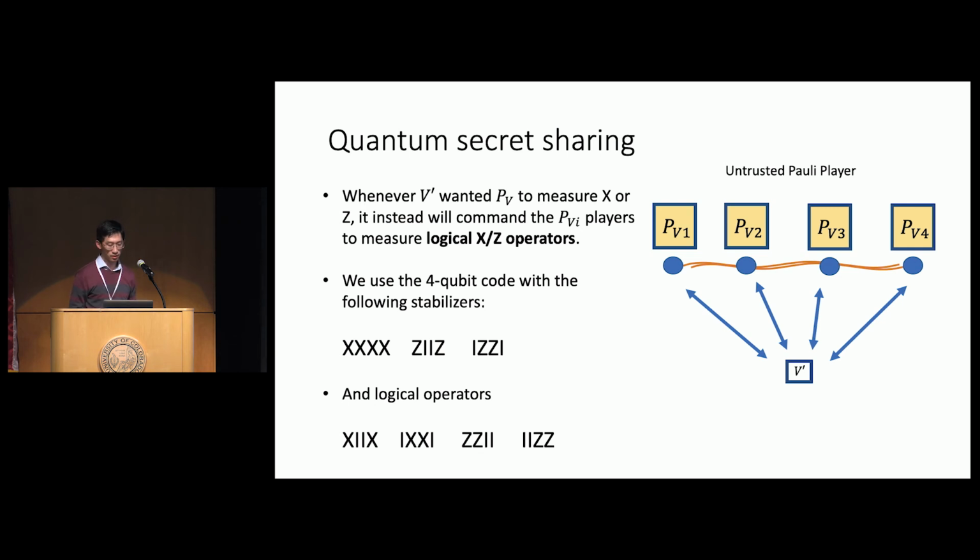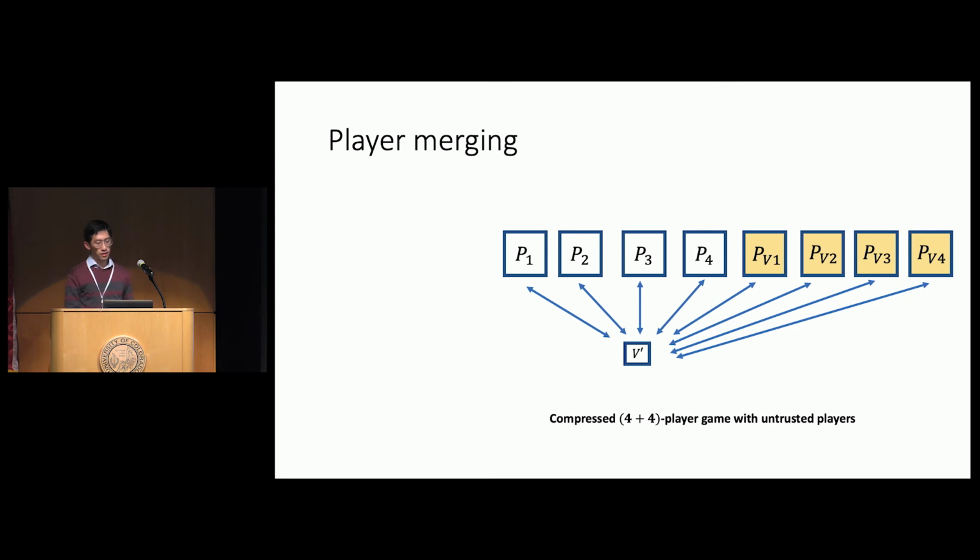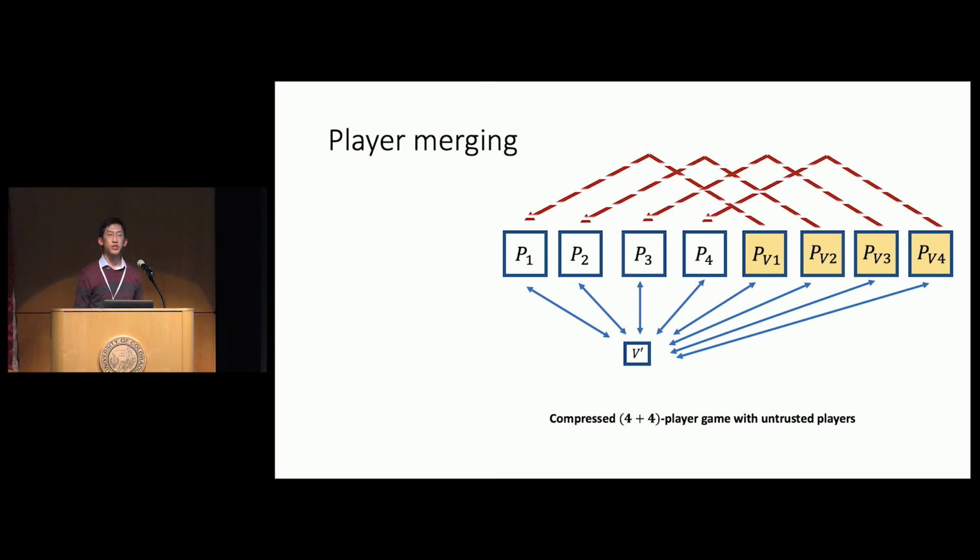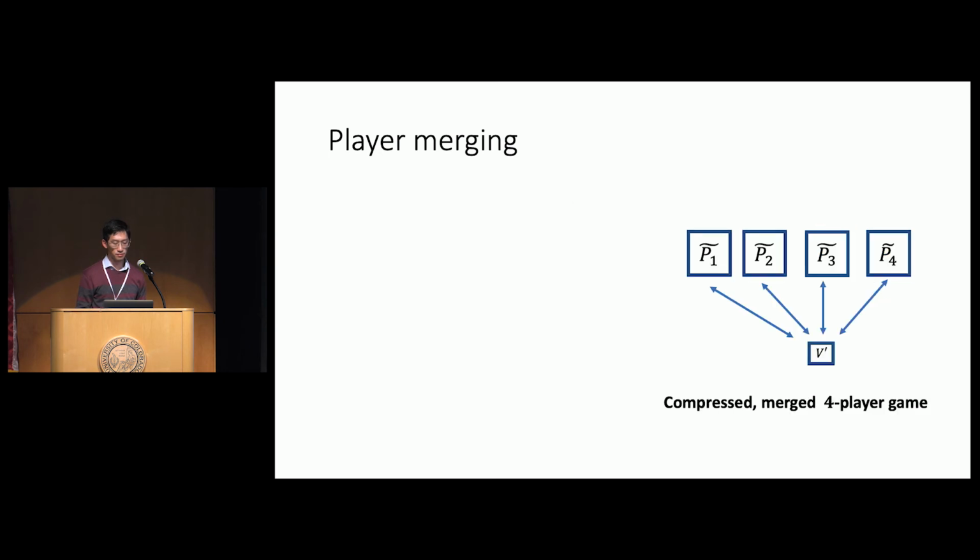Okay. And now what the verifier does is command these players to perform logical X or Z operators. Okay. All right. So for the player merging step, so far what we've done is we've taken our original 4 players, we've added 4 more, and what we're going to do is we're going to combine them. Okay. And we combine them into 4 players again, so we haven't increased the number of players.